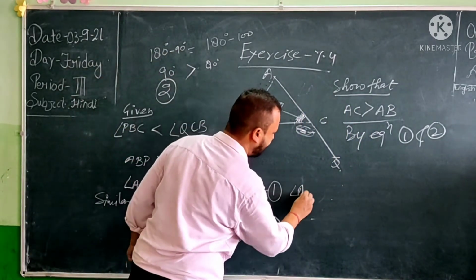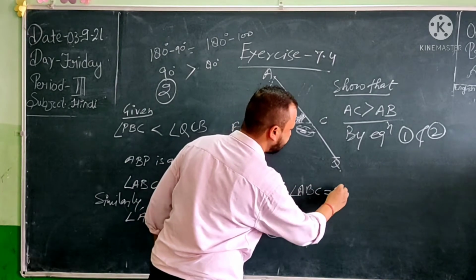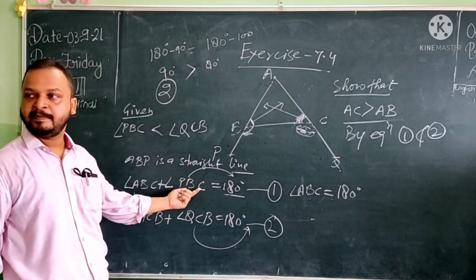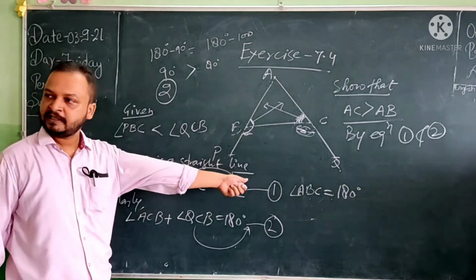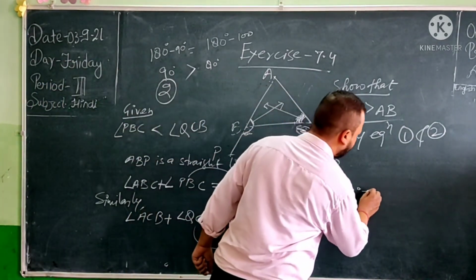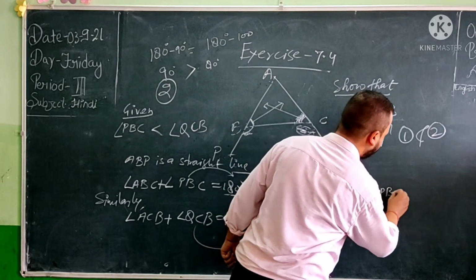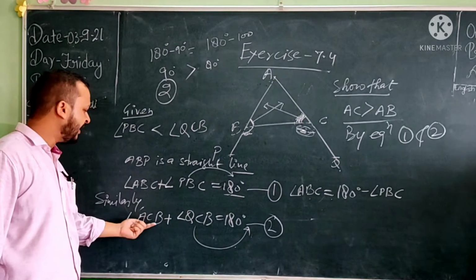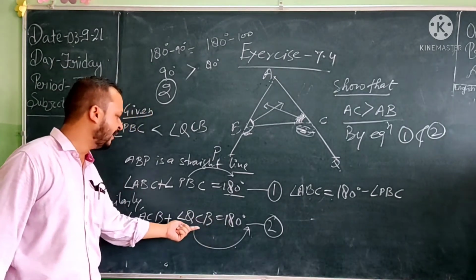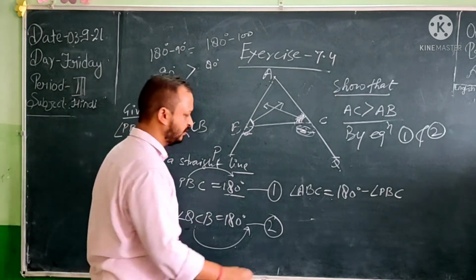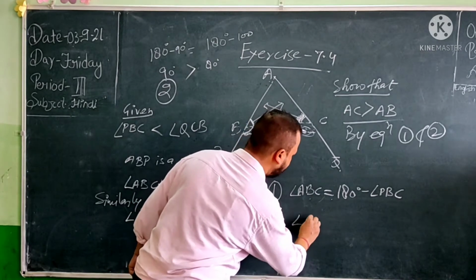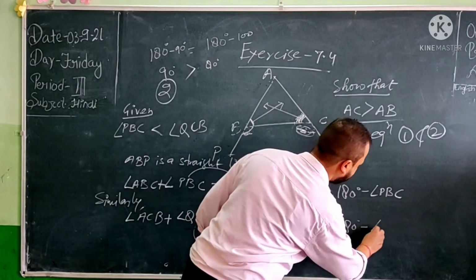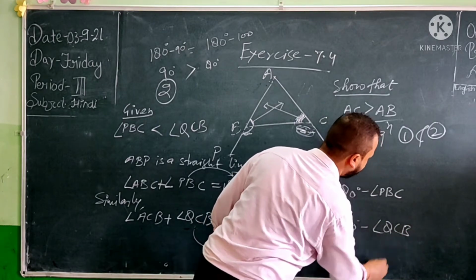So angle ABC is equal to 180 degrees minus PBC. PBC को हमने इधर ट्रांसपोज कर दिया, right? Minus angle PBC. Now, in the second part, here ACB is equal to 180 minus QCB. So angle ACB is equal to 180 minus angle QCB.